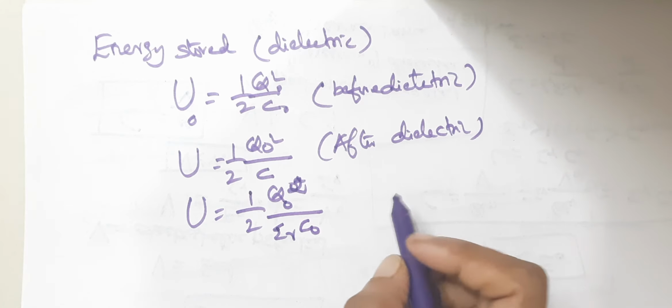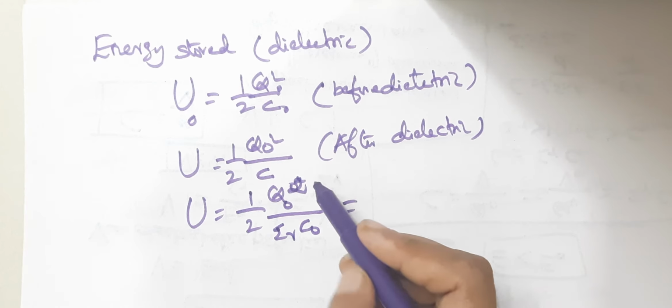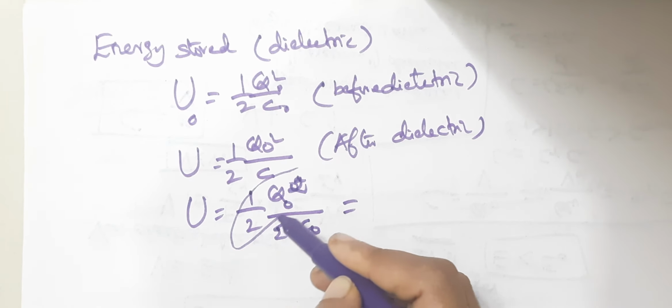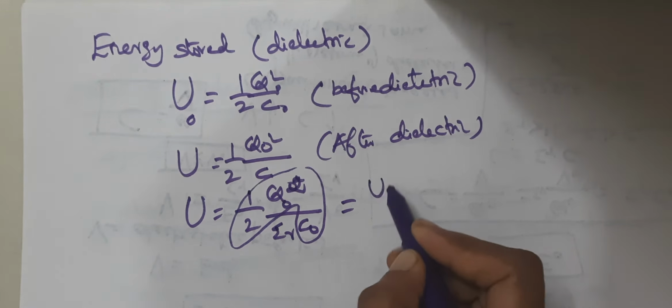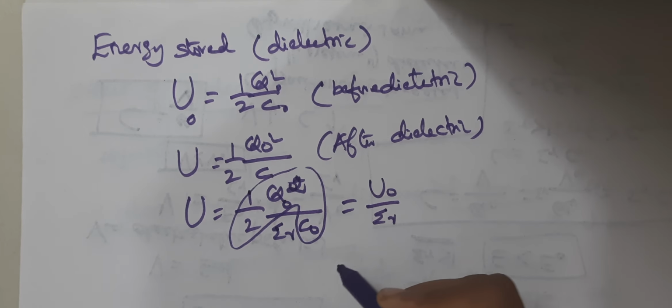Half Q0 square by C0 can be written as U0, so U is U0 by epsilon R.